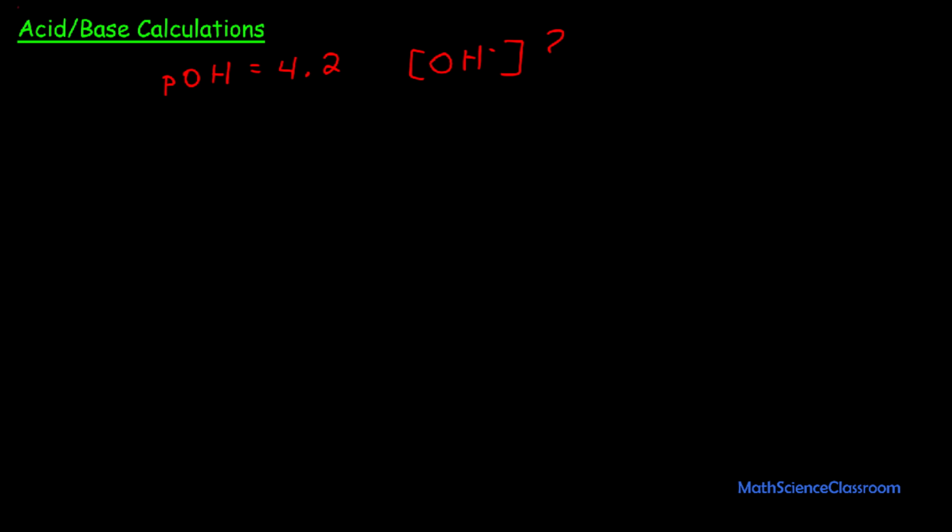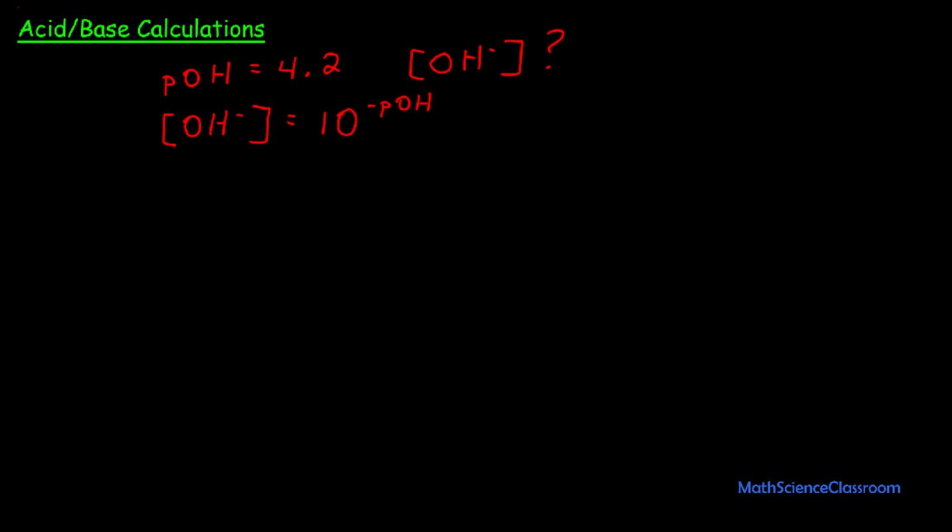How do we find the concentration of hydroxide given the pOH? What we know is the concentration of OH minus equals 10 to the negative pOH power.